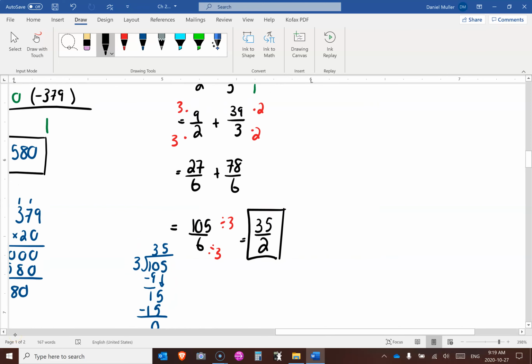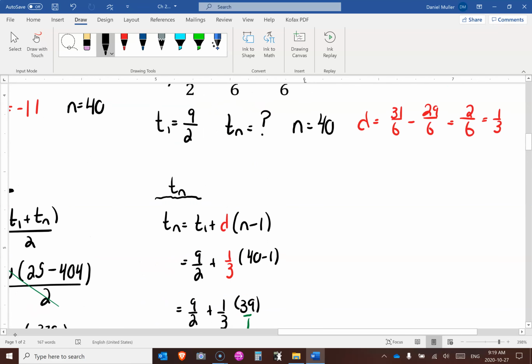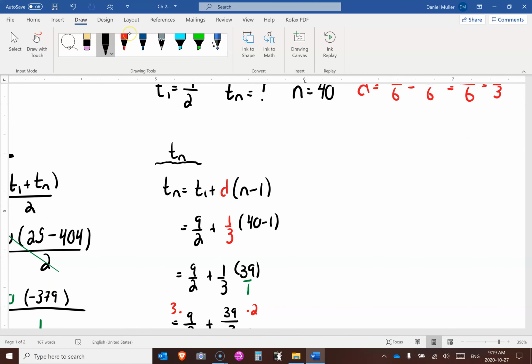So 35 over 2, again, was my last term, and my first term, I forgot, 9 over 2. Okay. So to find my sum, well, I need n, which I got, T1 plus Tn cut in half.